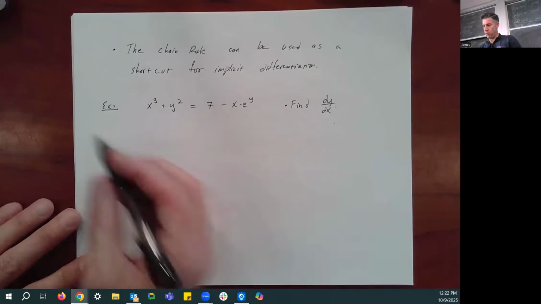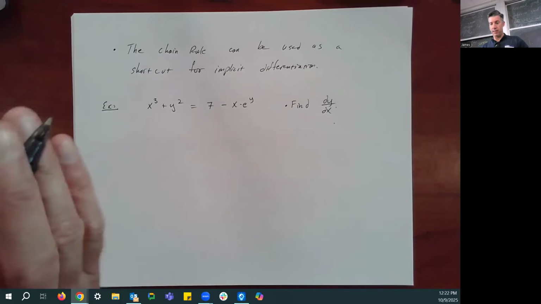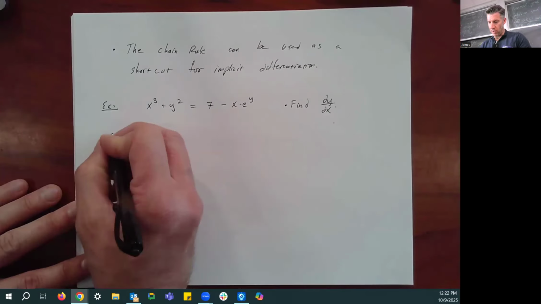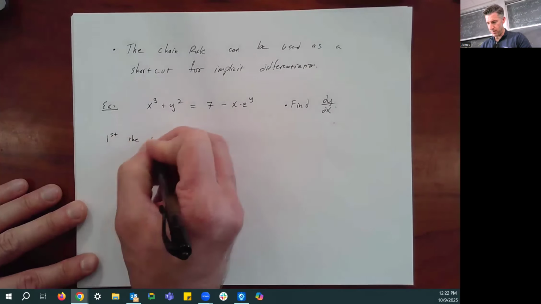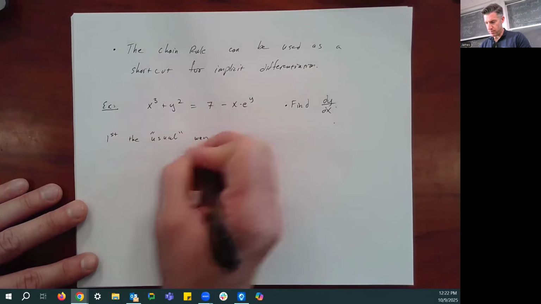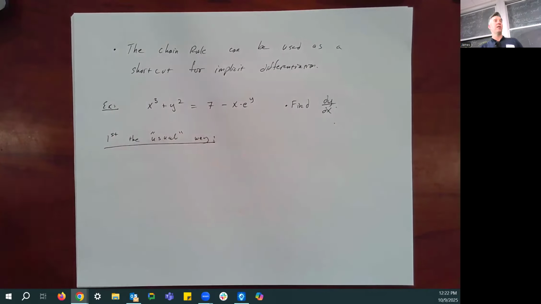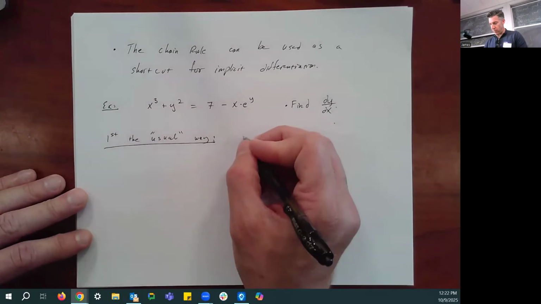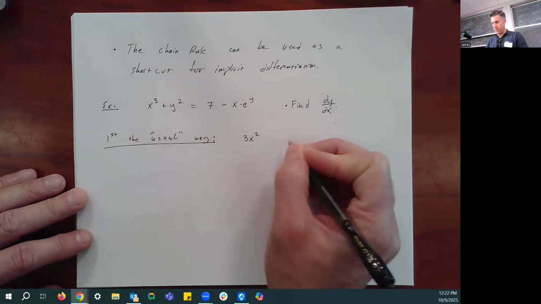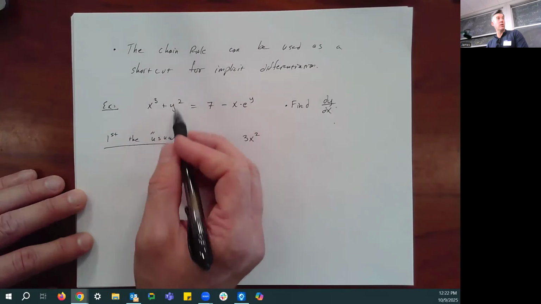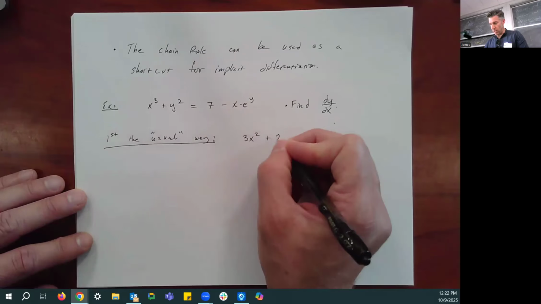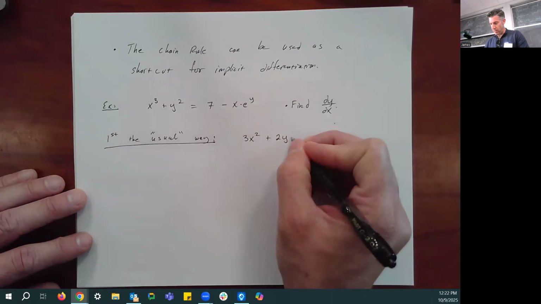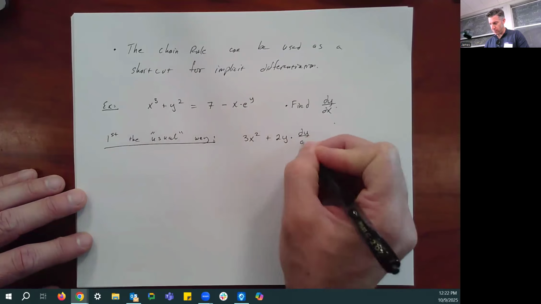So we're going to do this both ways. First, the usual way. We're just going to differentiate both sides with respect to x. On the left-hand side, the derivative of x cubed is 3x squared. The derivative of my function squared is 2 times my function to the first power times the derivative of my function.